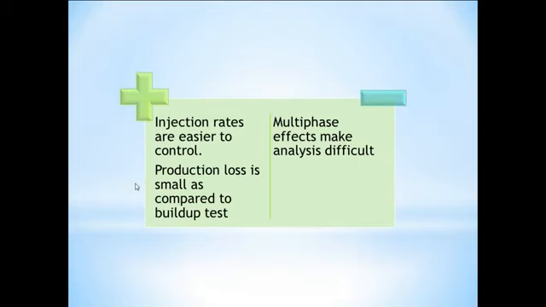Whereas in the fall off test, where we are stopping the injection, we will observe a decline in our production, but we will not see a complete stop of our production. And the disadvantage is that multi-phase effects make the analysis difficult.